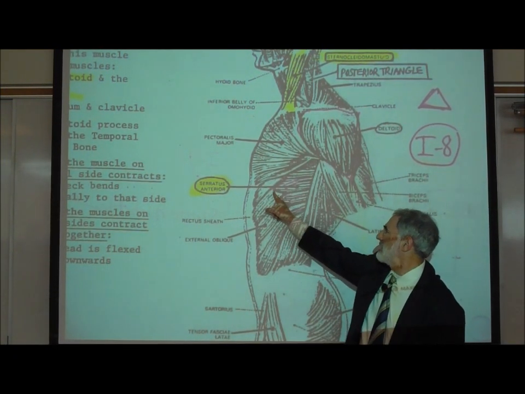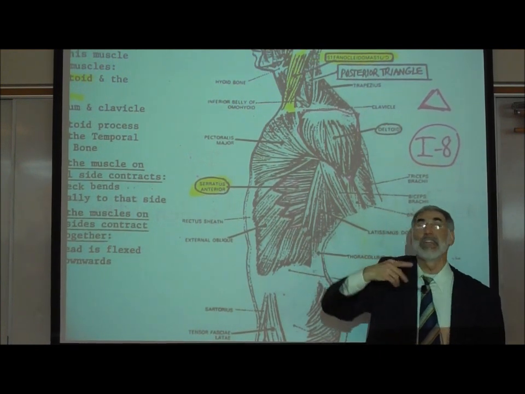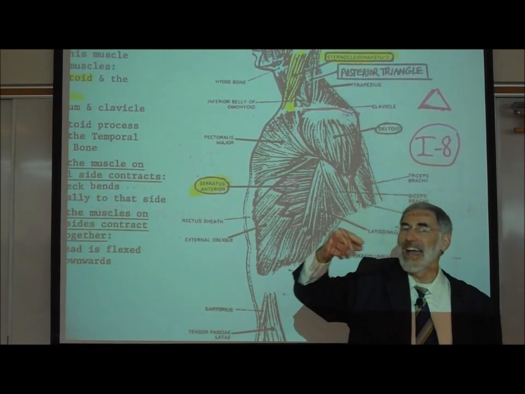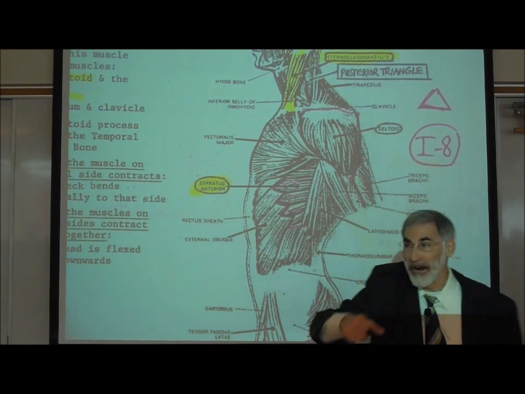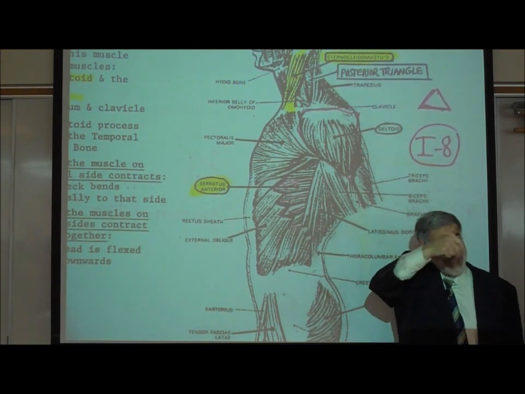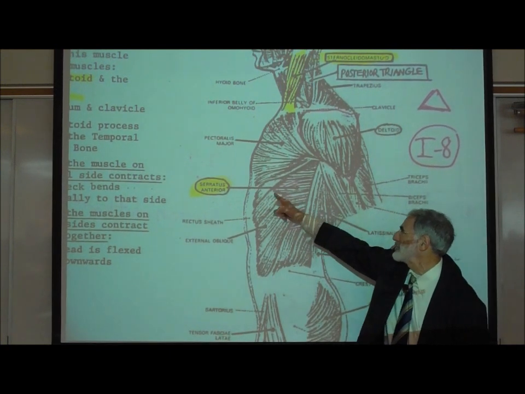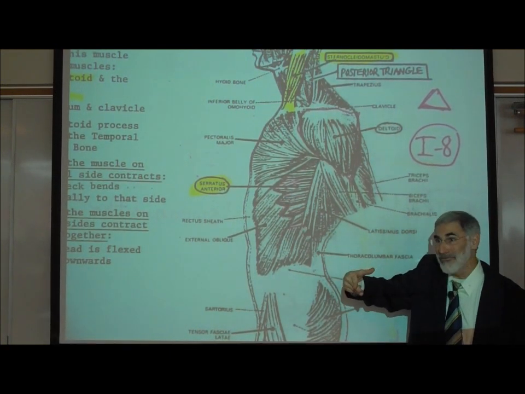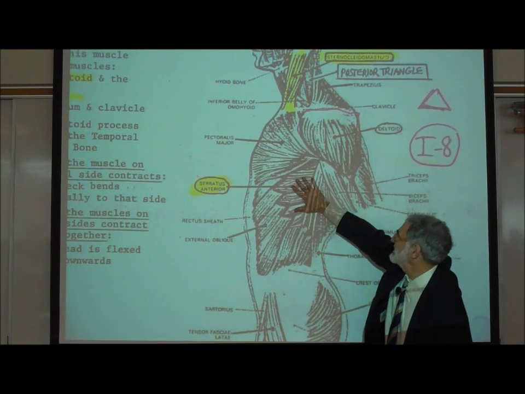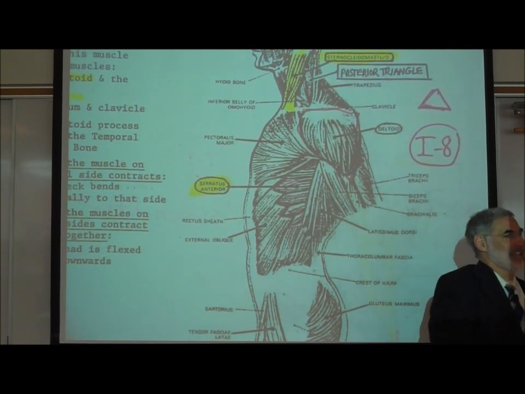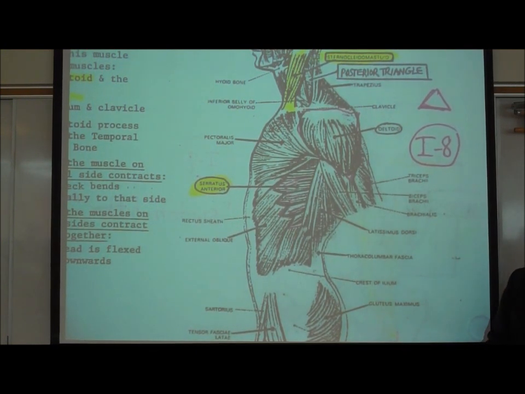Serratus means like the edges of a serrated knife. A serrated knife is a knife with teeth, right? It's got those sharp teeth. This reminded the anatomist of the sharp teeth of a serrated knife, like a steak knife, and since it's on the front or anterior side of the body, they called it the serratus anterior.